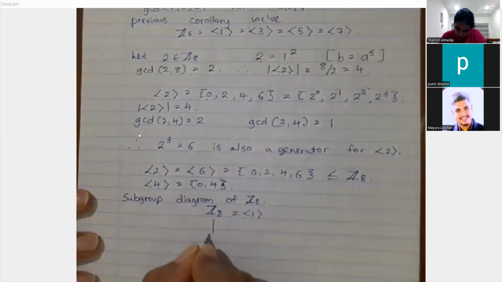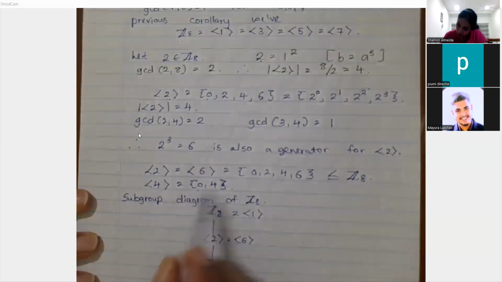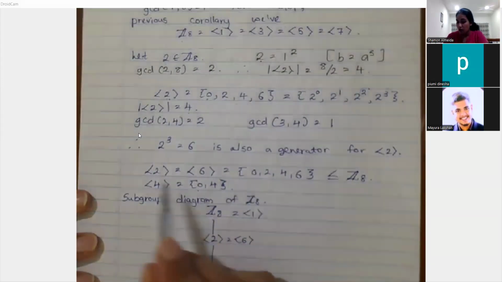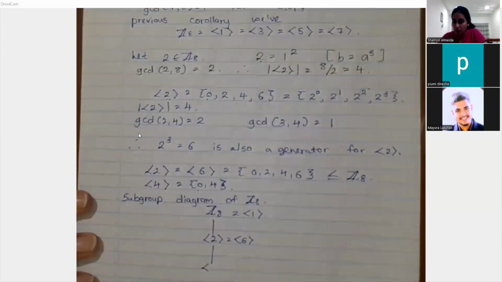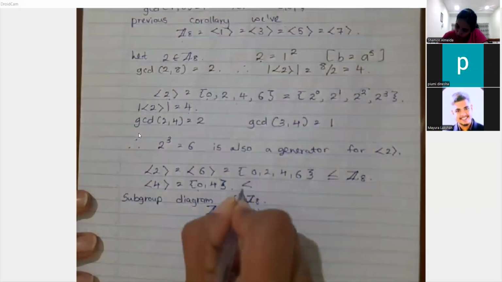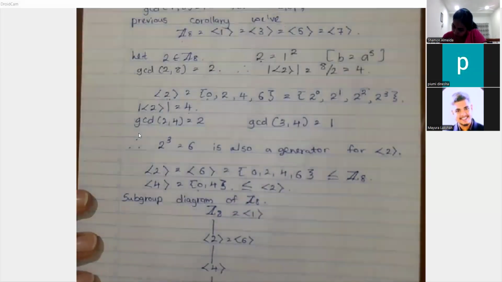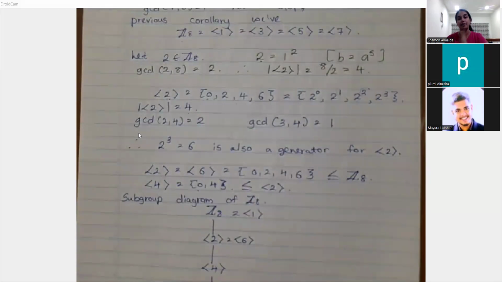So we have the subgroup generated by 2, which is the same as 6. And right below it, this is a subset of this set. These two are groups under the same binary operation. Therefore, this is a subgroup of this, right? And we have the subgroup generated by the identity.